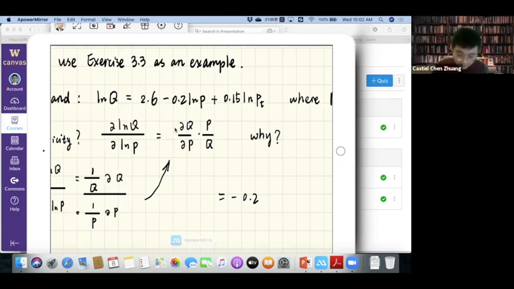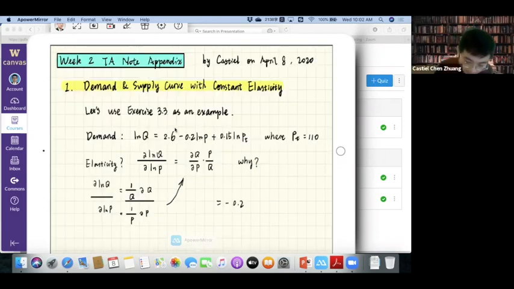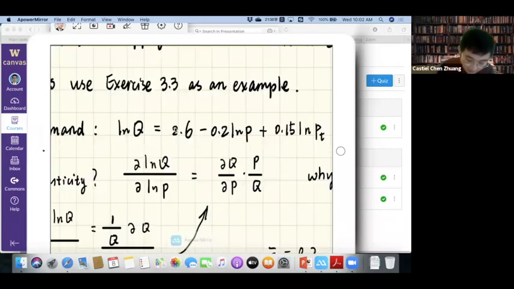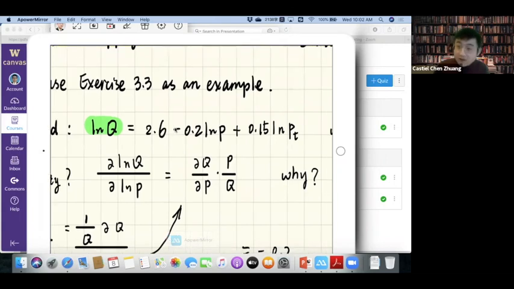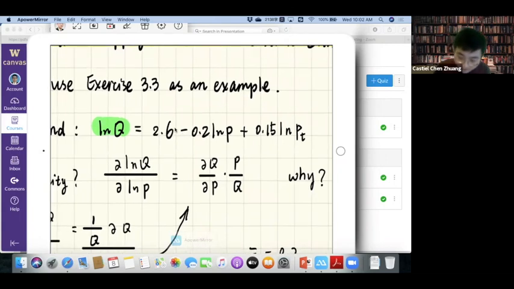Oh, okay. So when you take the derivative, let me use highlight to show you. I use green color. So this is the left-hand side, right? This is the function that you want to take the derivative of. And this function is a function of log P. So you take the derivative of this function with respect to this variable.